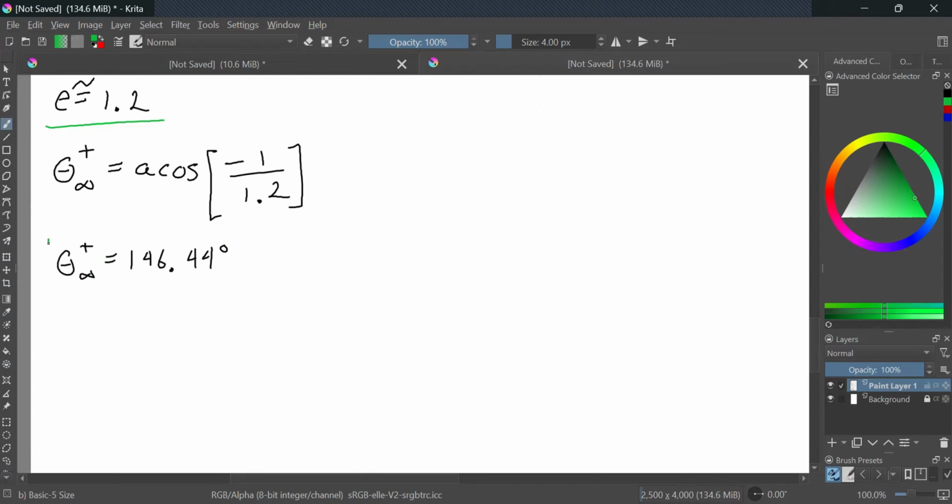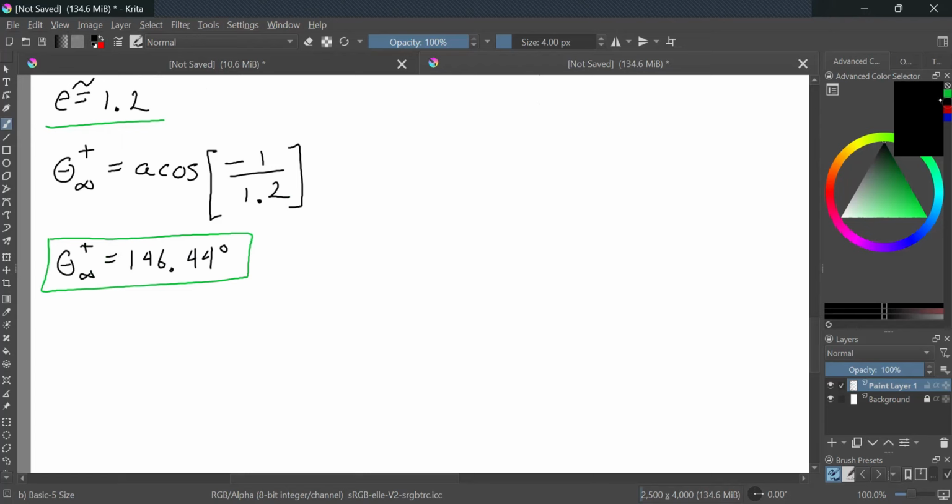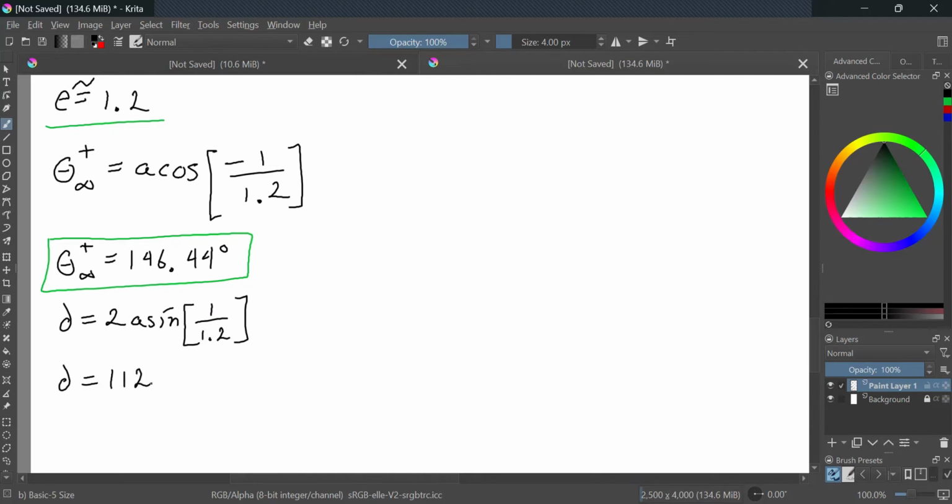I'll box it here and I'll write it up in the upper right corner in just a little bit, because we also have our turning angle and we're right here. We may as well do this now. 2 times the arc sine of 1 over 1.2. That will give us a value of 112.89 degrees.